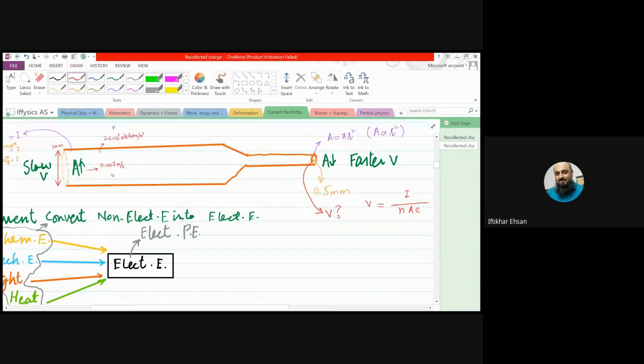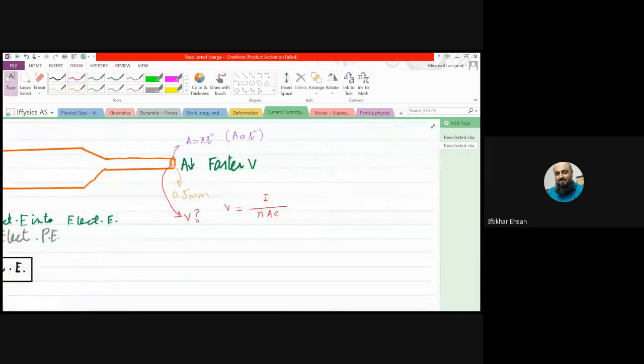So for current, you will use the same value. And n is the same for the same material. It's a single wire made up of the same material, so n will be same.